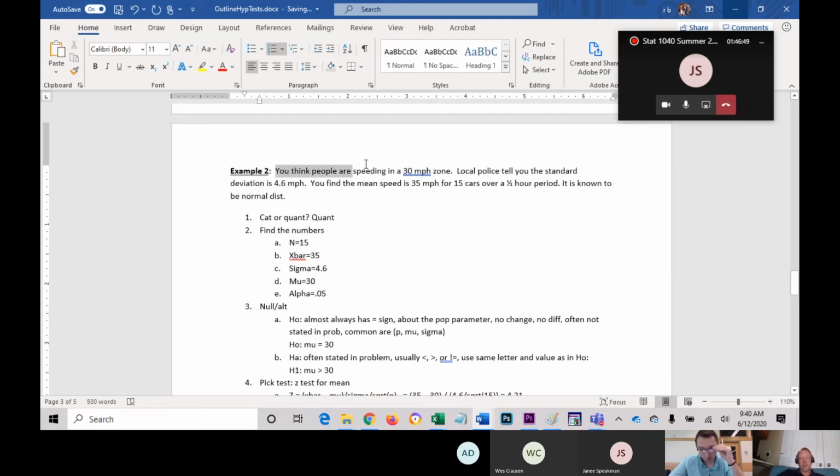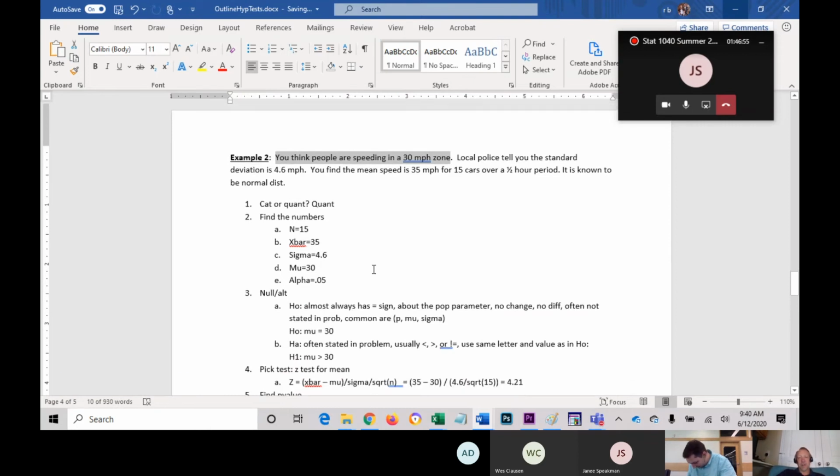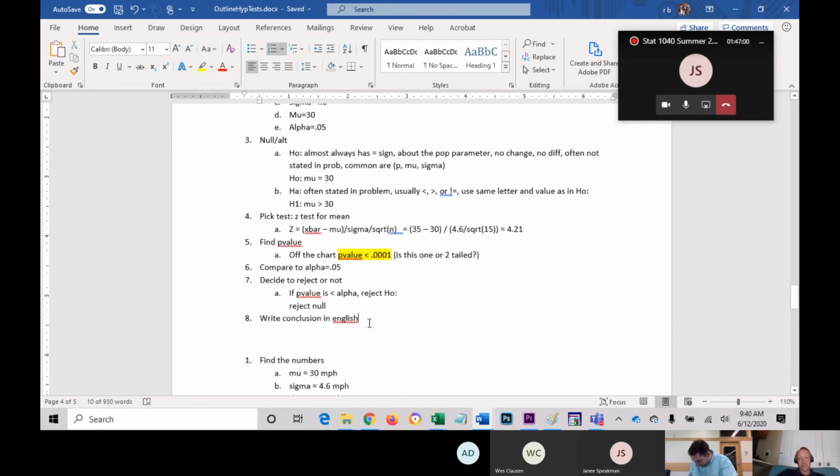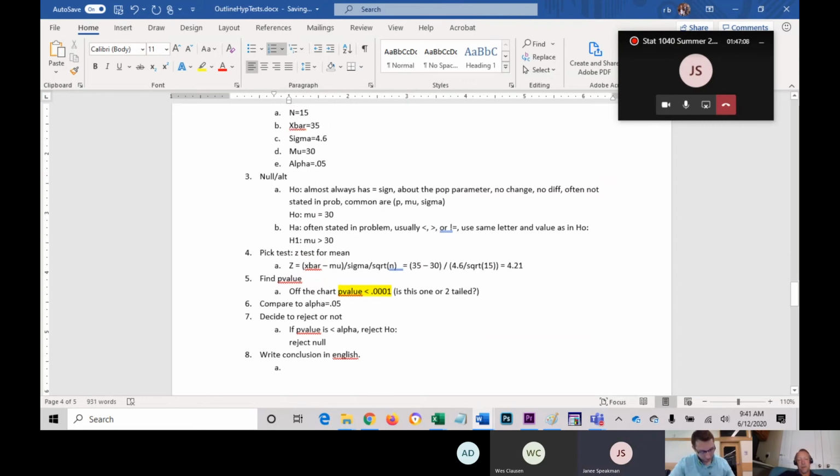We're trying to answer this question: you think people are speeding in a 30-mile-per-hour zone. Are people speeding? Yes, people are speeding.